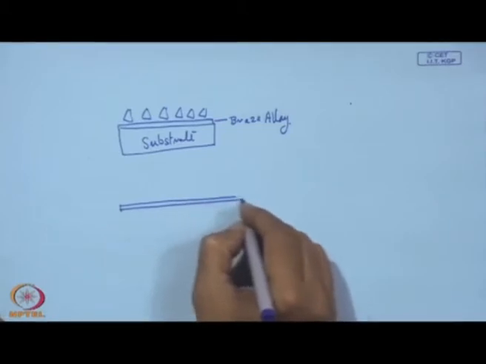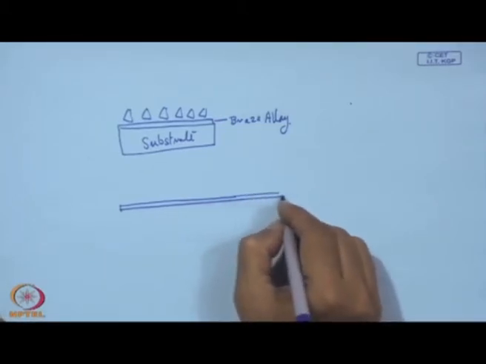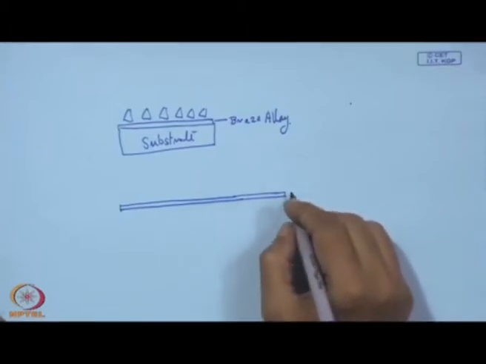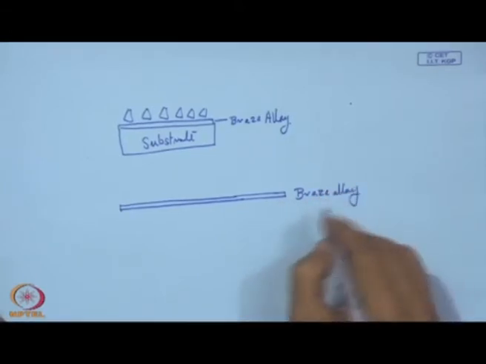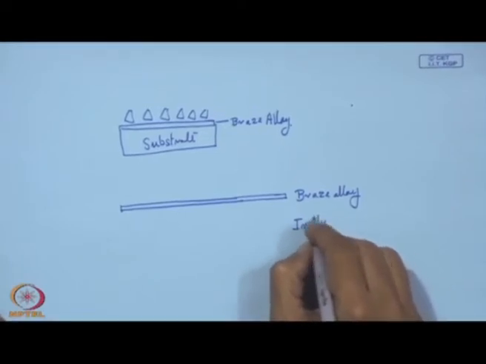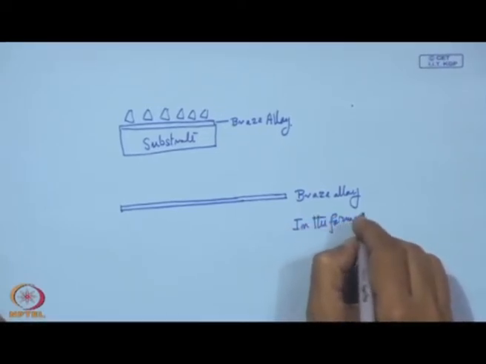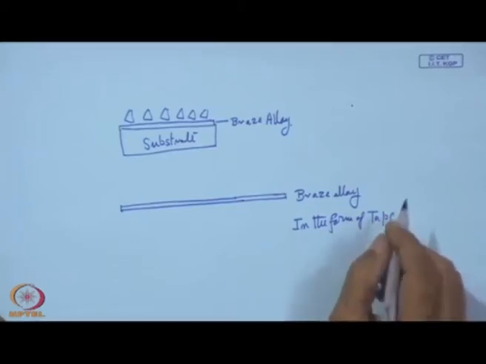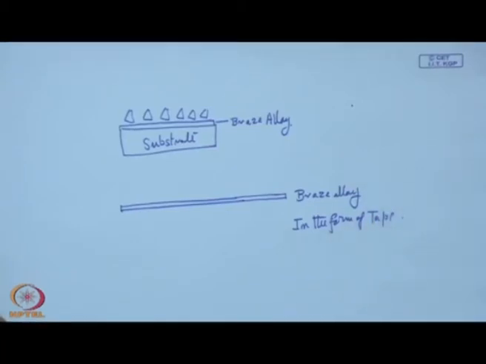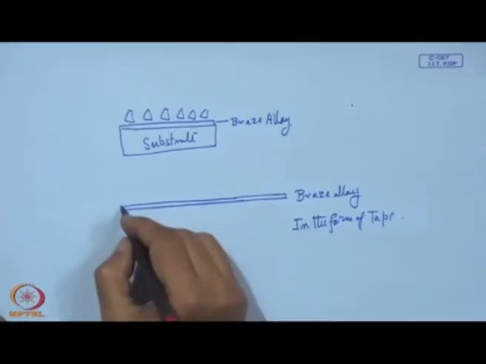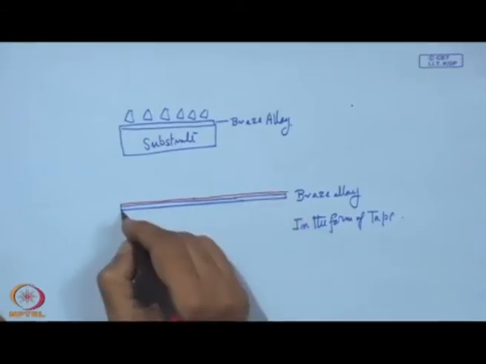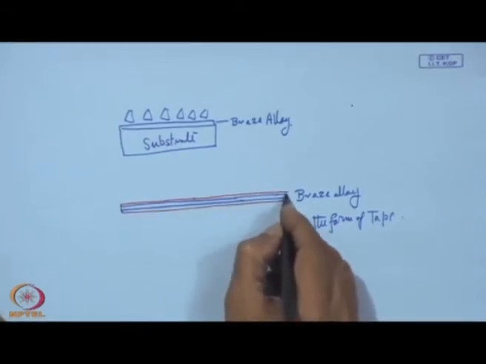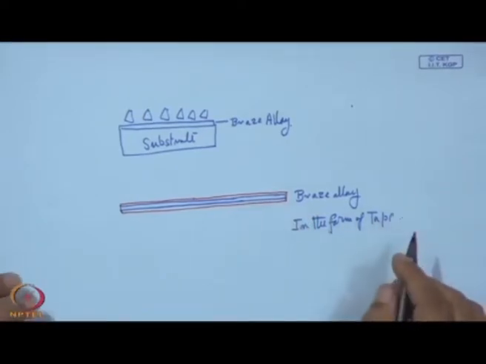It is just like a tape of braze alloy, which may be bonded with a suitable plastic, and it can be an adhesive tape too. In this adhesive tape we have adhesive material on both surfaces. This has to be prepared.